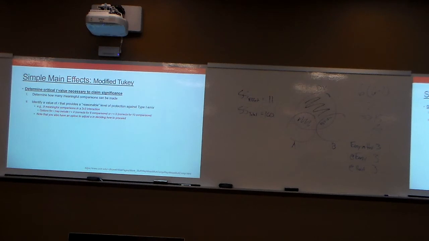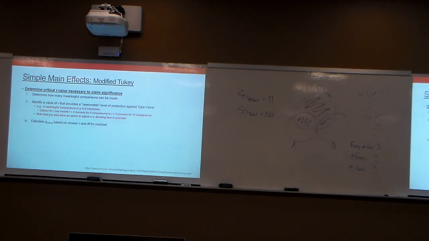I don't know why you would do that, you could, right? But alpha is another thing that you can adjust. But for this procedure, let's say I'm going to choose 5, right? R is equal to 5. This is going to control for 10 pairwise comparisons. I've only got 9, but I'll just take the extra penalty and call this close enough, right?